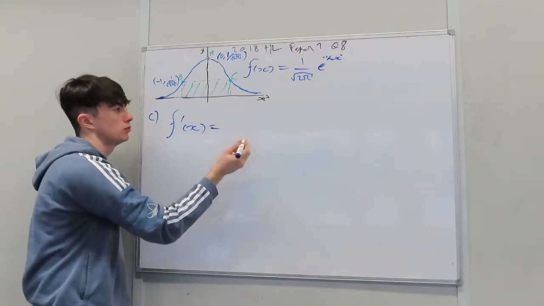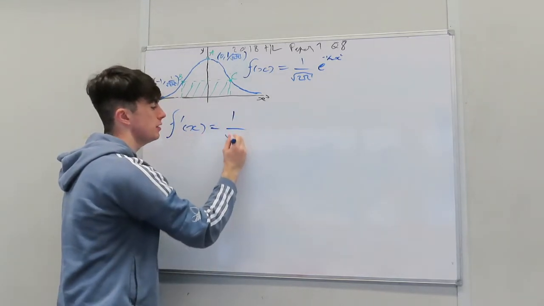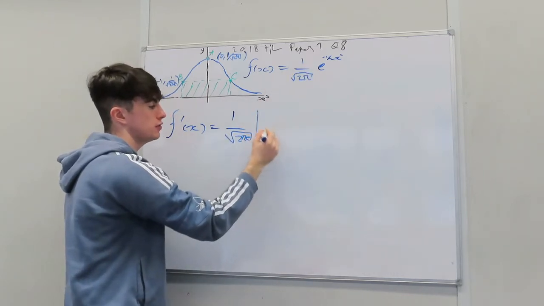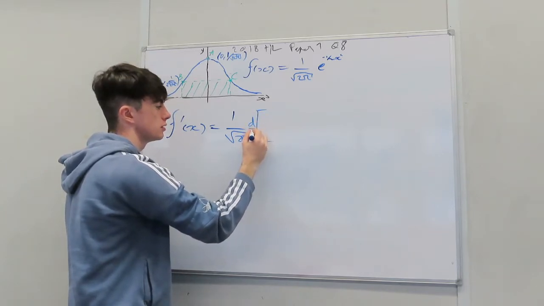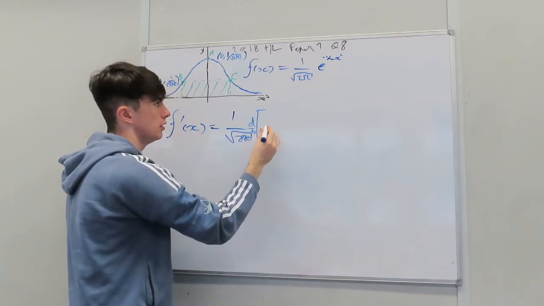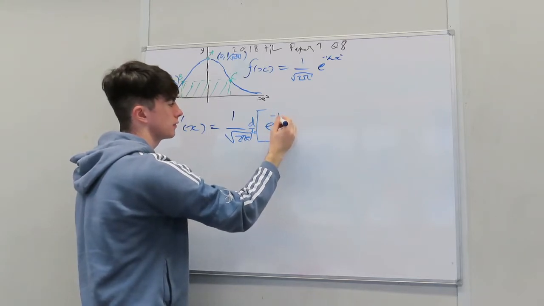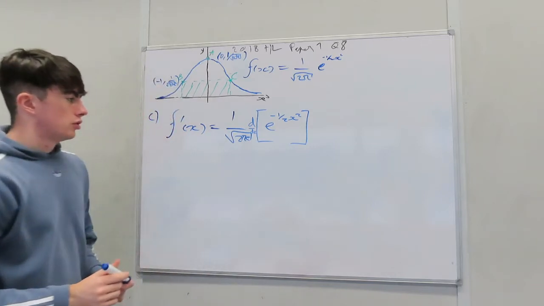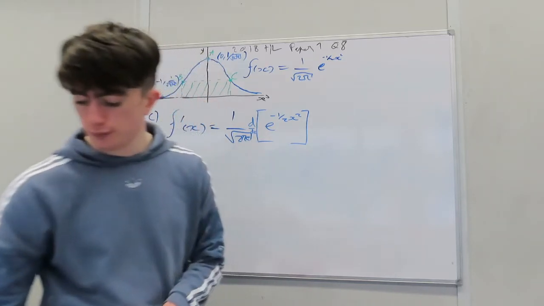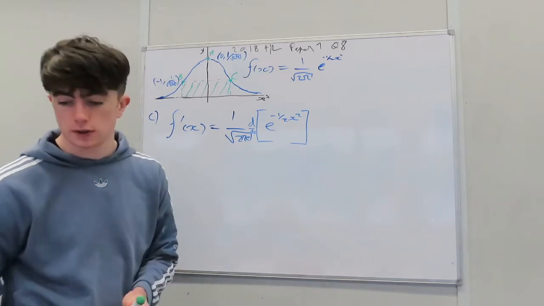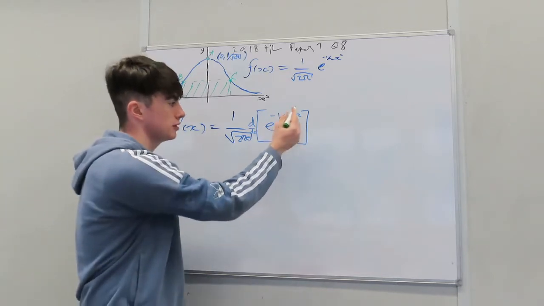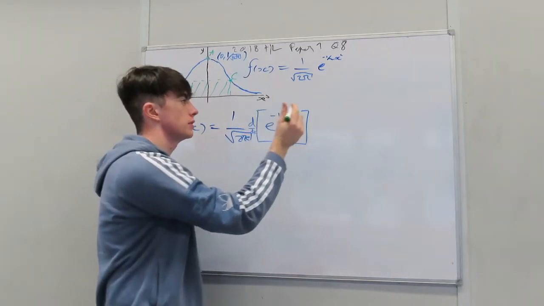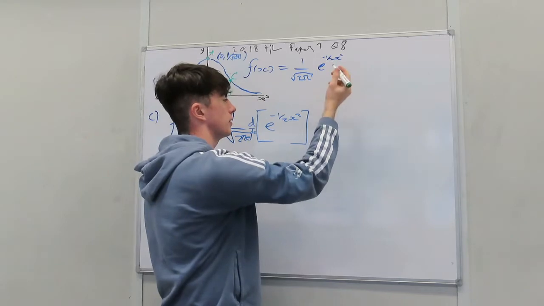So we'll take out our constants because they won't change under differentiation. And that is e to the negative half x squared. So when dealing with e to the power of a function of x, we deal with it this way.